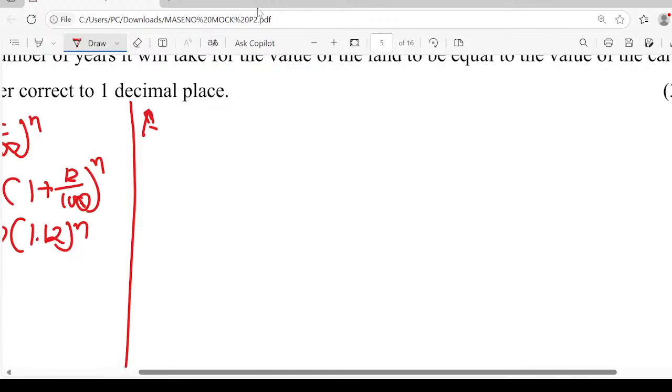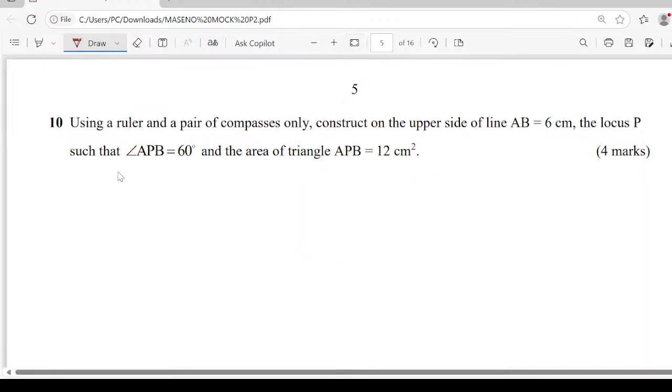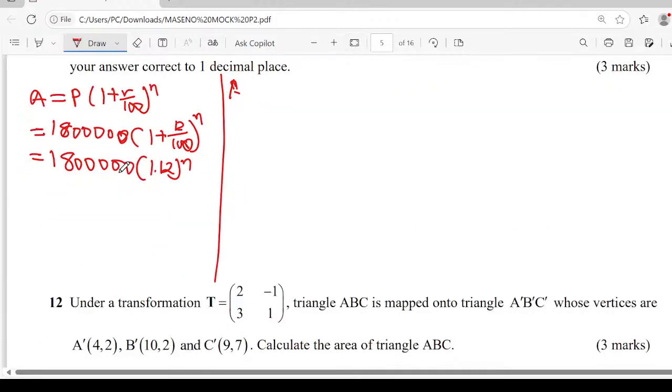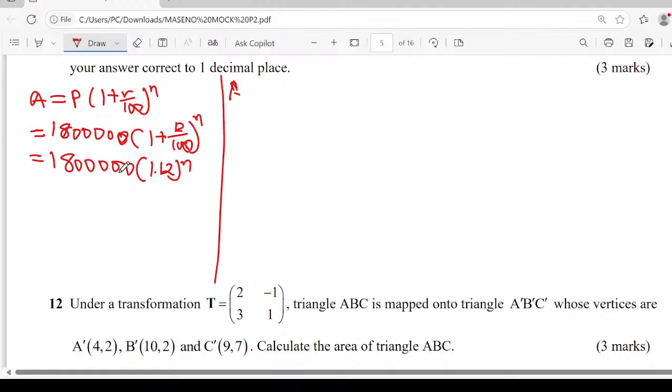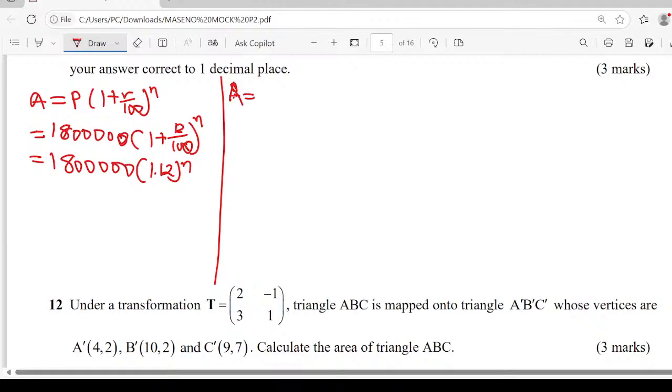My cursor is misbehaving, just a moment. The amount is given by P into 1, because it's depreciating, it will now be minus R over 100 power n.